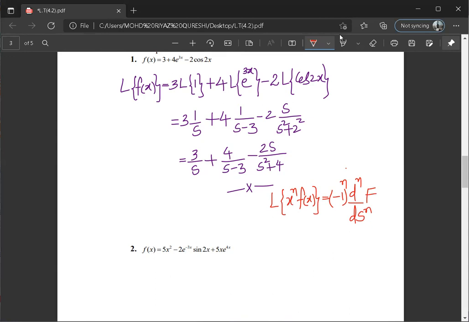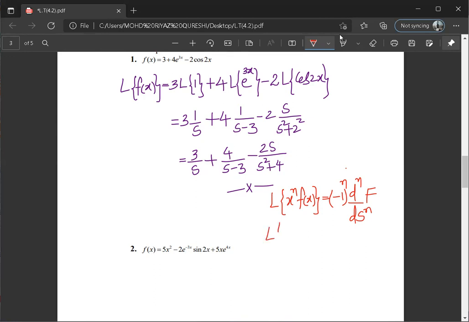To understand this, what is the power of x here? It is n. Depending upon the power of x, we have to differentiate the F value.